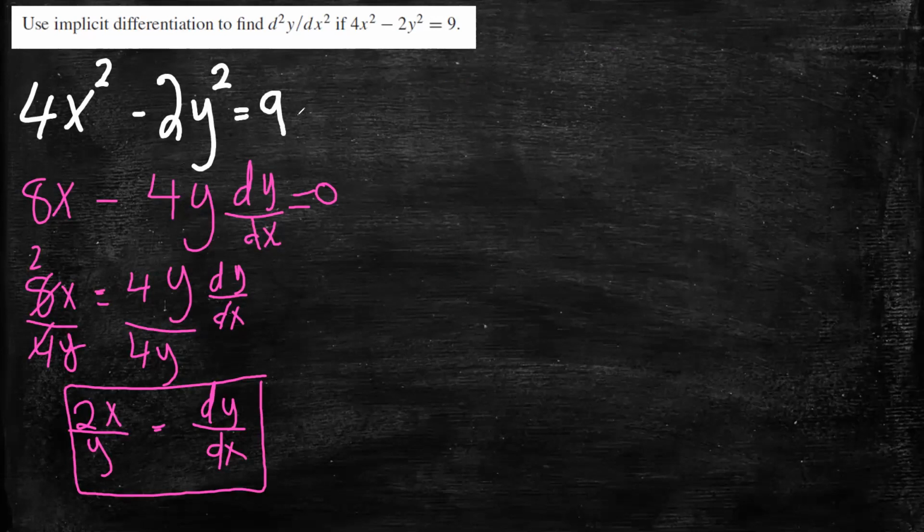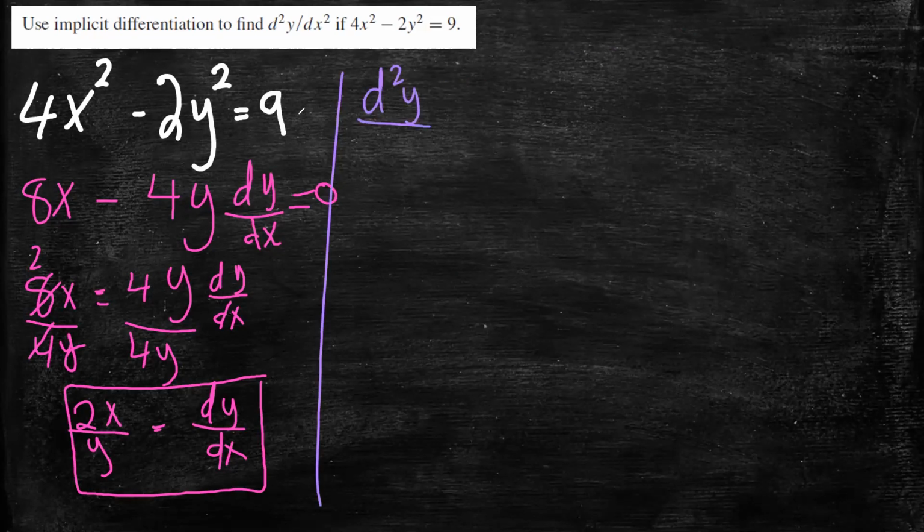After this step, I want to find now the second derivative. Here we have 2x over y. So g squared, which is y squared, times, this is f, and this is g.